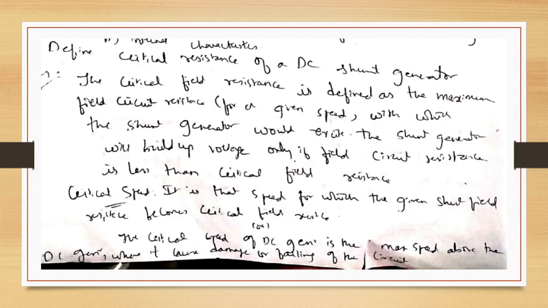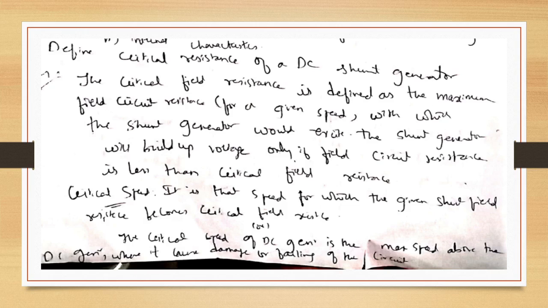So shunt generator, what is the condition? Okay, so shunt generator will build up voltage only if field circuit resistance is less than the critical field resistance. So critical field resistance is the maximum resistance with which the shunt generator will excite. Okay, along with critical resistance, one more term called critical speed will come into picture.